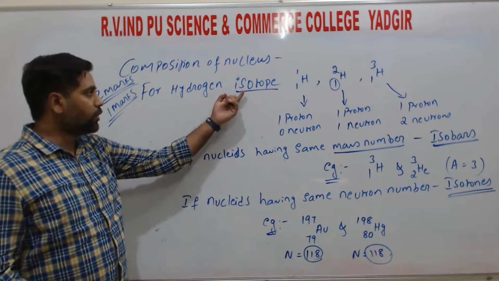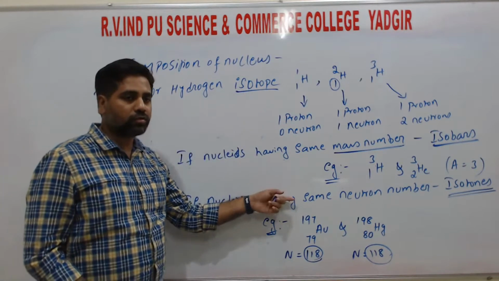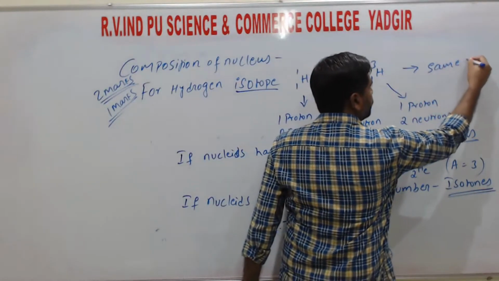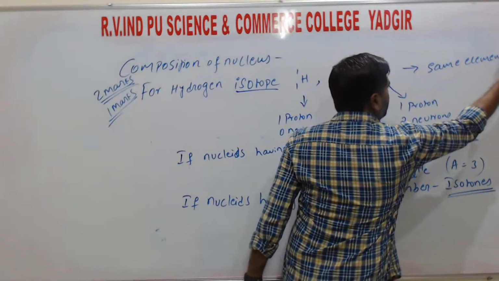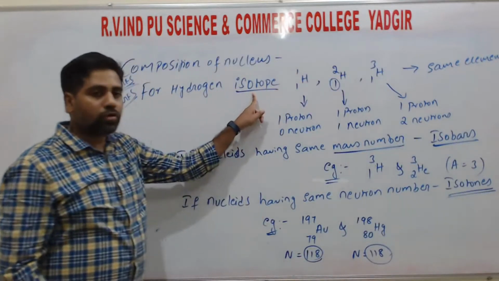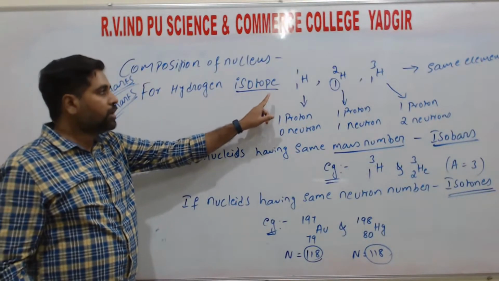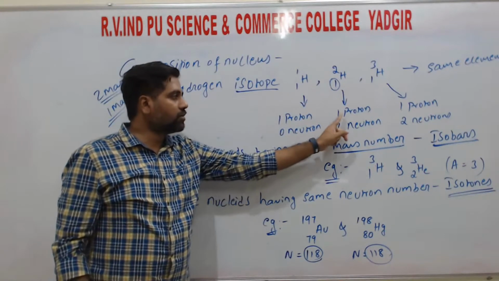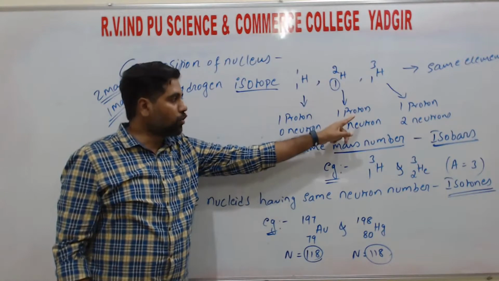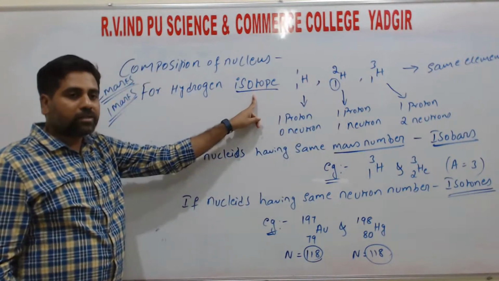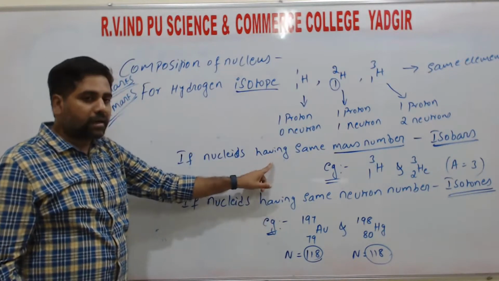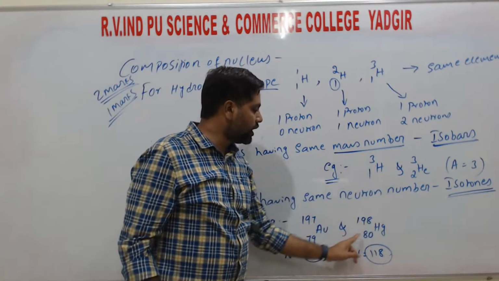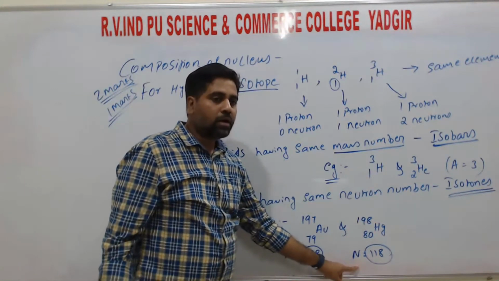The difference between isotopes, isobars and isotones is this. In isotopes, the same element having different neutron numbers, that is, the same element having the same proton number or atomic number, are called isotopes. But here we have different elements having the same mass number, and here different elements having the same neutron numbers.